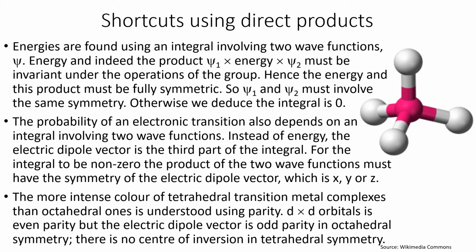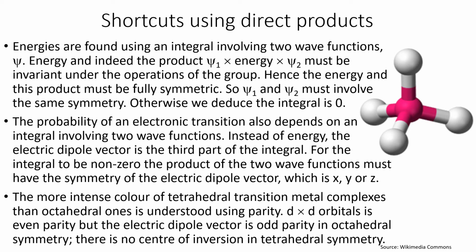When it's vibrating in that not-in-phase sense, it will distort the geometry of the complex away from octahedral, into a geometry where there's no centre of symmetry. That way it can bend the rules a bit. It can distort the shape, break the symmetry slightly, remove the centre of symmetry, and then the parity selection rule gets broken in that process.